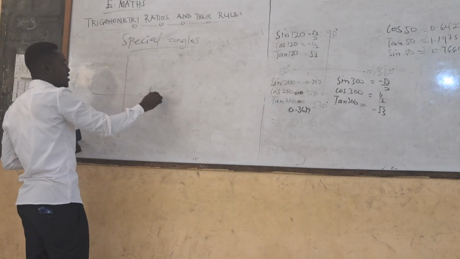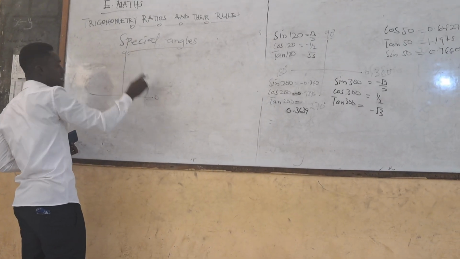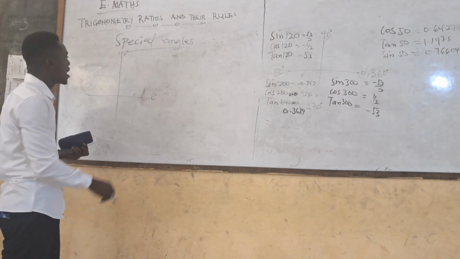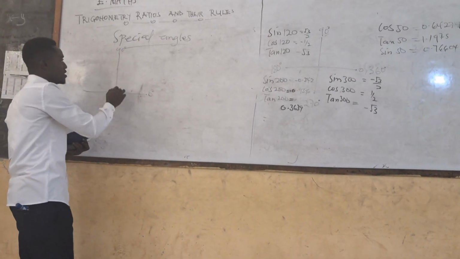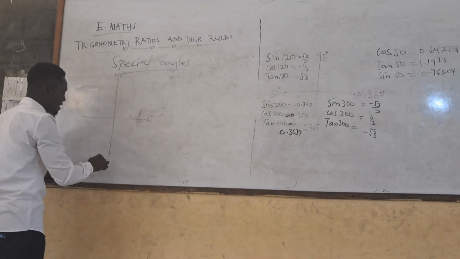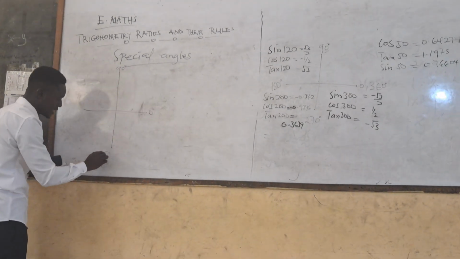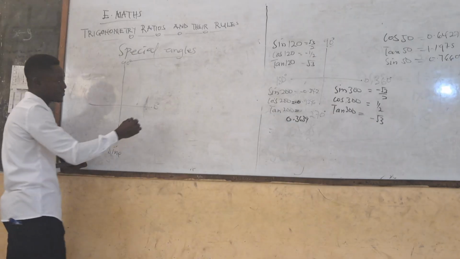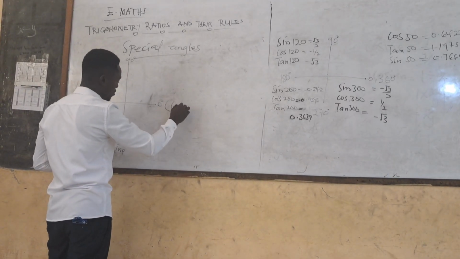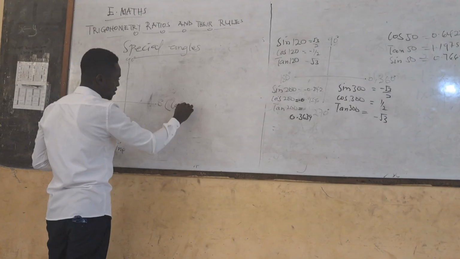So from here to here, as you know, here is 0 degrees, here is 90 degrees. Now, on the y-axis in trigonometry is sine, and then the x-axis here is cos. As we are going on, I will explain to you.